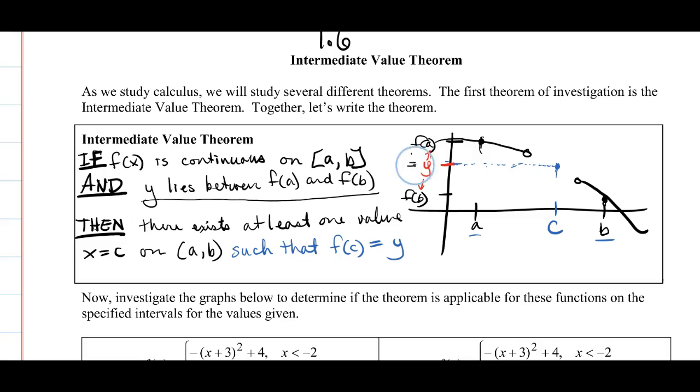This is my f of c. So only by being able to prove that a function is continuous can I prove that that value, whatever it may be, exists. And eventually we're going to use this in more complex theorems later in the course after we've investigated derivatives more.